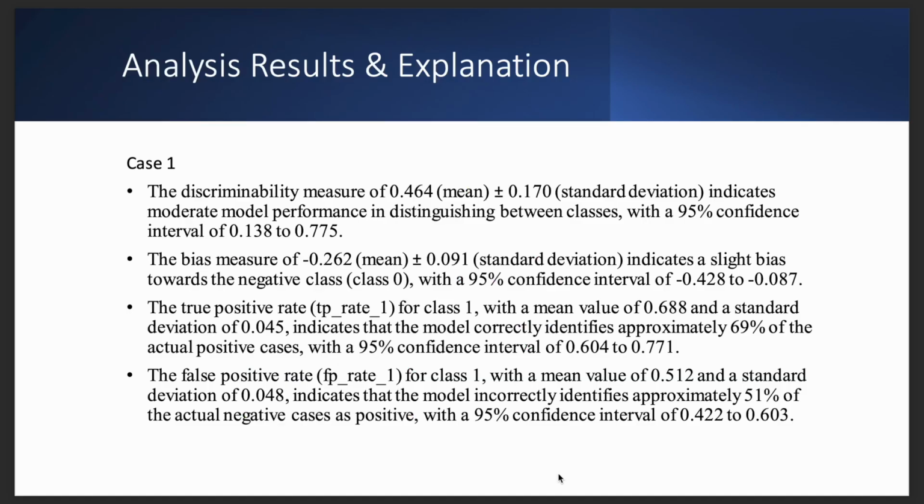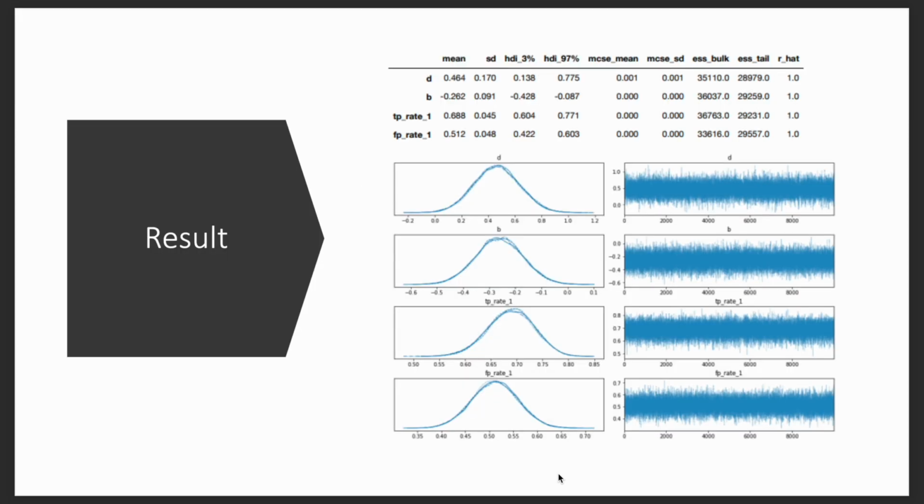In this section, we will talk about our findings. For Model 1, 70 true positives and 50 false positives are observed in 100 targets and 100 noise trials. Discriminability measures how well the model can distinguish between the two classes. The mean value of 0.464 indicates the model can moderately discriminate between the classes. The standard deviation of 0.17 suggests some variability in this measure across different samples.